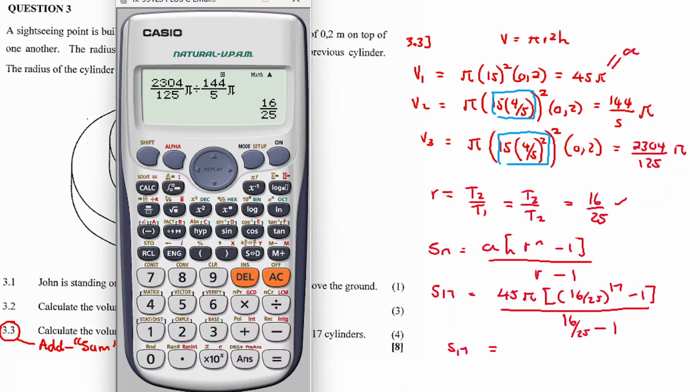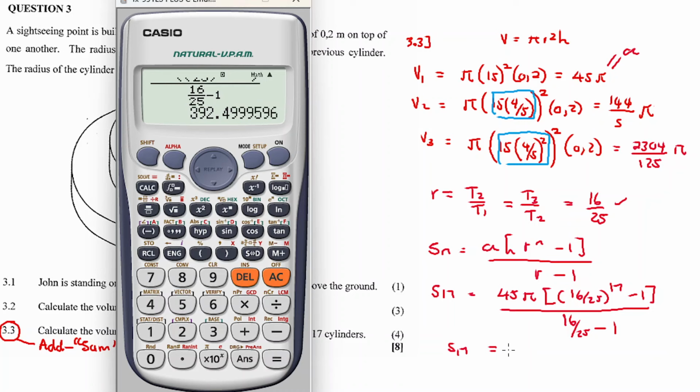S17 is equal to 45 pi, open bracket, 16 over 25 raised to 17, minus 1, divided by 16 over 25 minus 1.